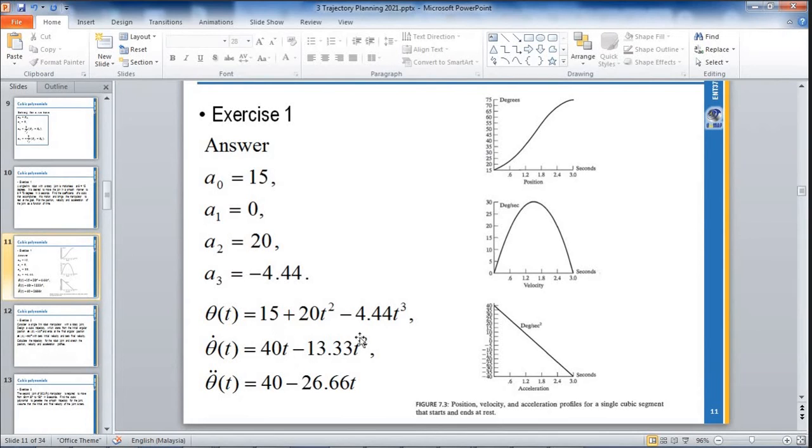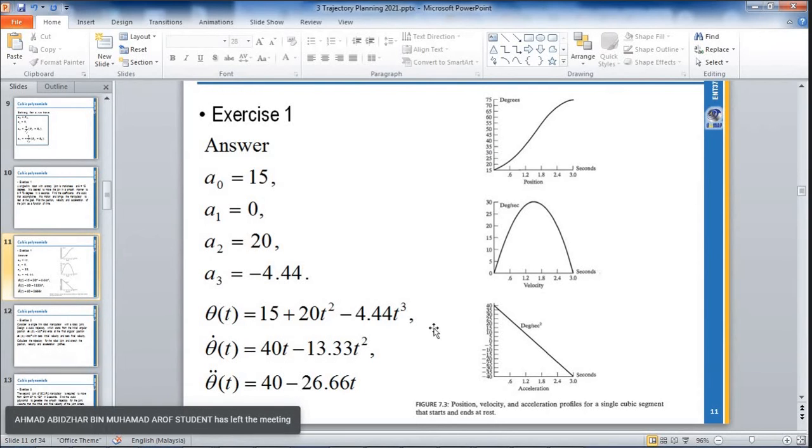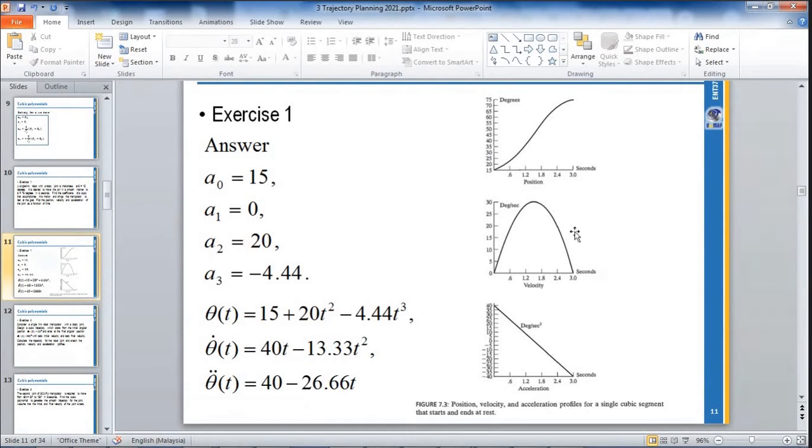Your controlled velocity will depend on your total time, from 0 to 3 seconds. So from 0 to 3 seconds, your time will change the velocity of your robotic arm.